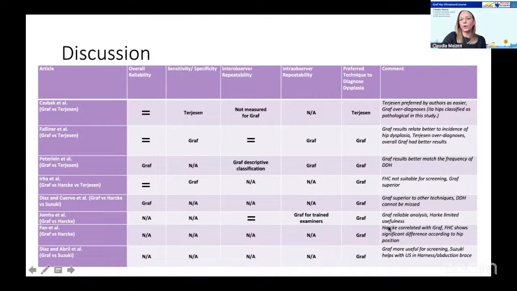Fanedal found that Hake correlated with Graf, especially in the normal and abnormal settings, but they found that the femoral head coverage showed a significant difference according to the hip position, which we already explained in terms of an ellipsoid, and the way it is located in the hip joint will change your percentage coverage. Diaz et al. found that Graf was more useful for screening, again as a screening test, but they found that Suzuki was helpful in assessing the hip position in a harness or abduction brace.